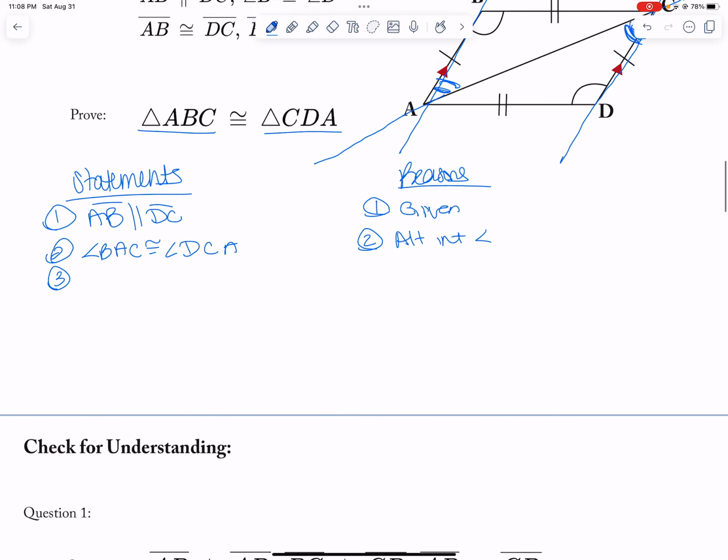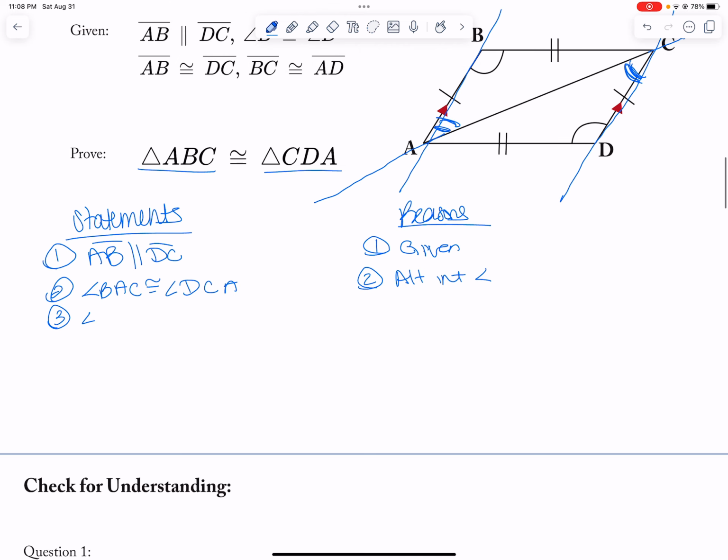And then we could say that angle B is congruent to angle D. That is given.